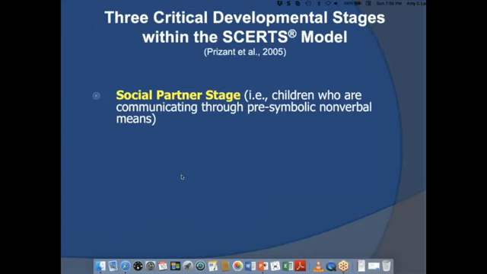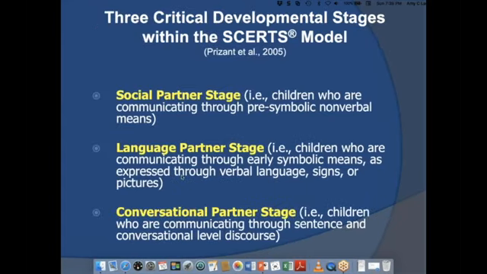Okay, so this piece is something that I do want to talk about briefly before I talk a little bit about the curriculum, before we break for your questions. And this is really important within the context of the model. SCERTS is a developmental model. And so everything falls out from this slide that you're looking at here.